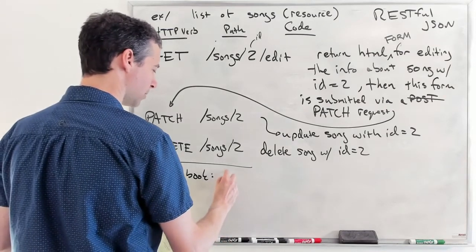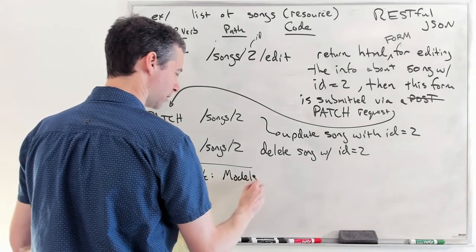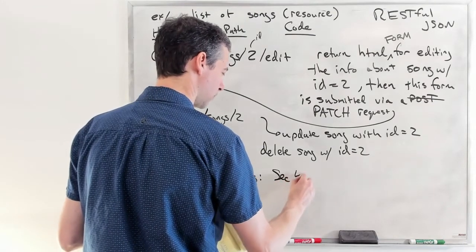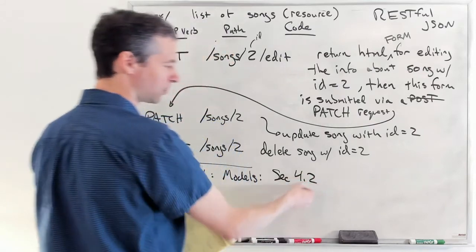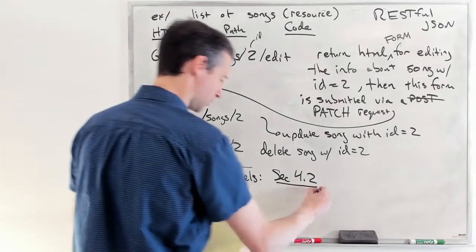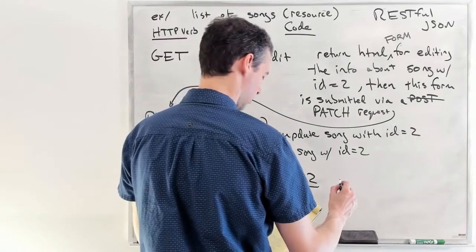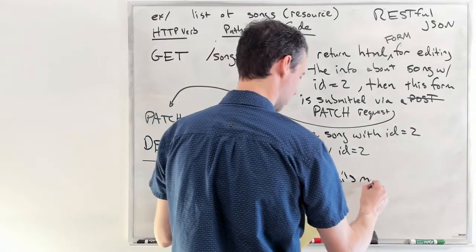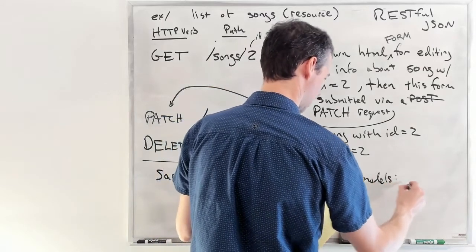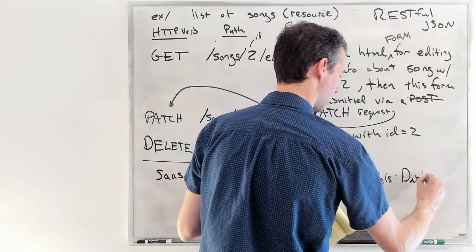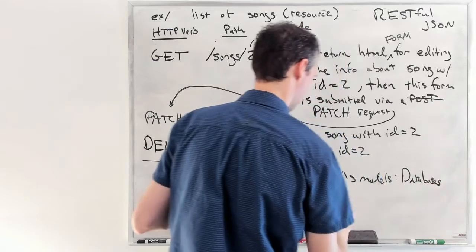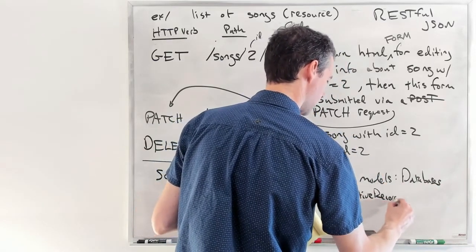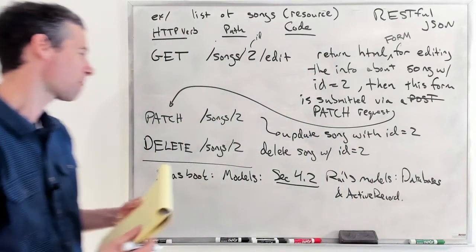To read about the basics of models, it's section 4.2. So chapter 4, section 4.2 is what we need to read there. It's basically Rails models and talks about databases and Active Record. So my apologies for not mentioning that at the start of that talk.